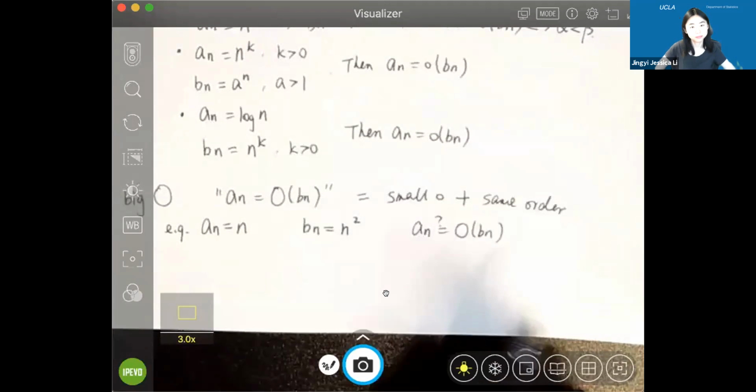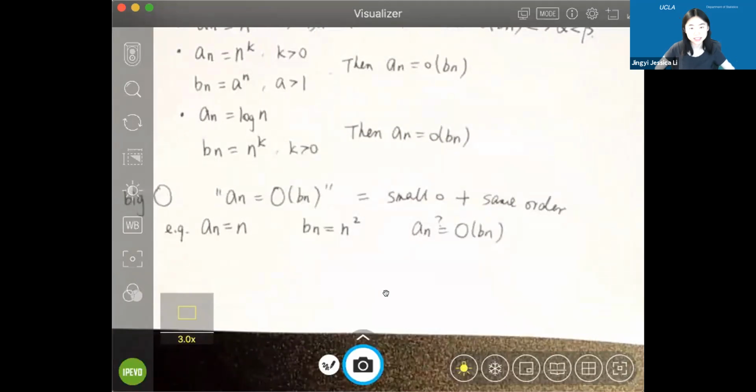Based on the definition, is it small o or is it same order? No, it's not.